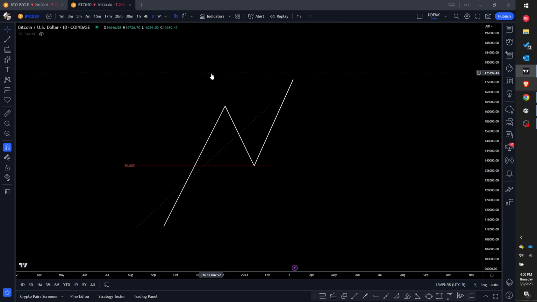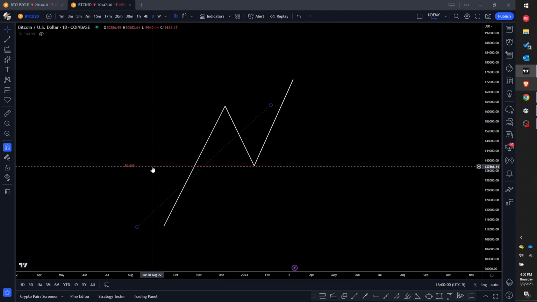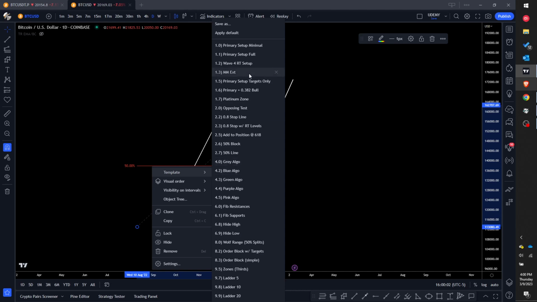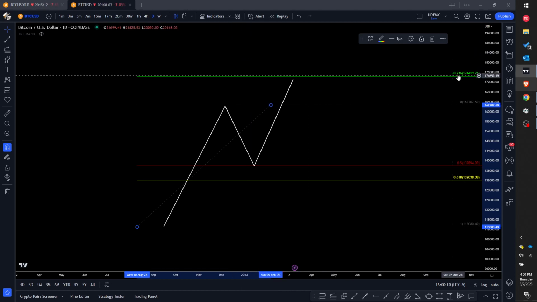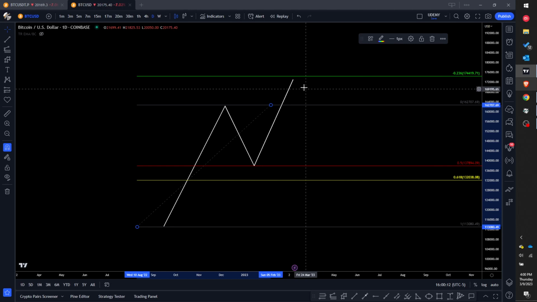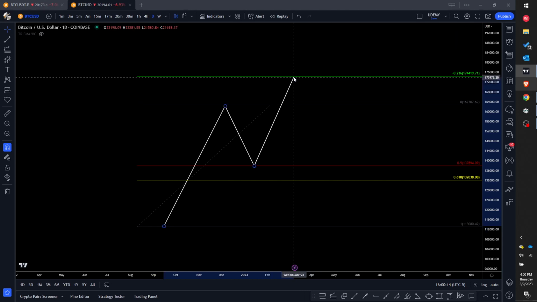But then when Halsey came around, he looked at lots of data and found that where it was really stopping was this negative 0.236, right there.